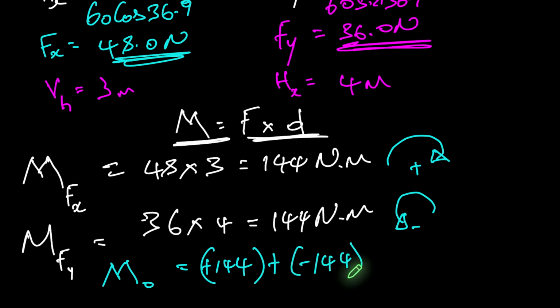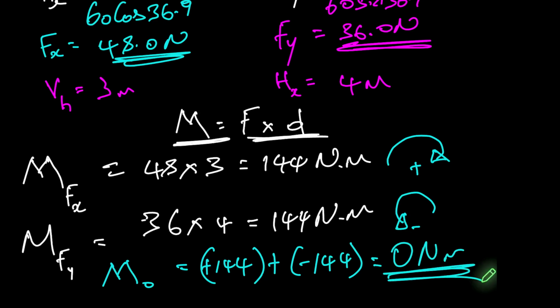So it actually turns out that we have a system in equilibrium here. So that's our final answer. And if these values were different, if we had different numbers for the 144, then it would obviously take on a different sign. But that's the process. That's how you would go about solving these.